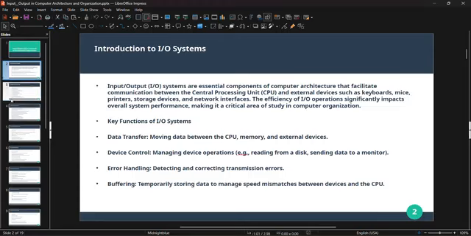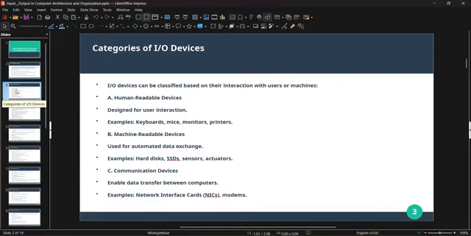Now let's go back and look at categories of input output devices. There are three categories: the human readable devices, the machine readable devices, and the communication devices. The human readable devices are designed for user interaction, for example, keyboard, mice, monitors, printers. Basically, all input and output devices are human readable devices.